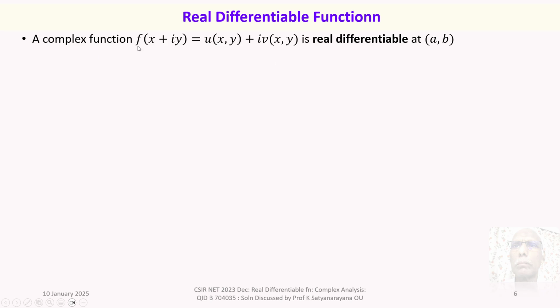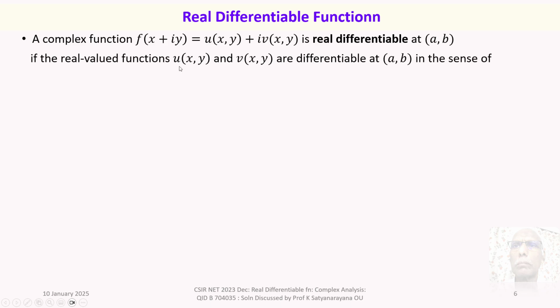A complex function f of x plus iy equal to u of x comma y plus i v of x comma y is called a real differentiable function at a comma b if the real valued functions u of x comma y and v of x comma y, which are functions of 2 variables, are differentiable at the point a b in the sense of real analysis, that is, as we have defined for functions of two variables.